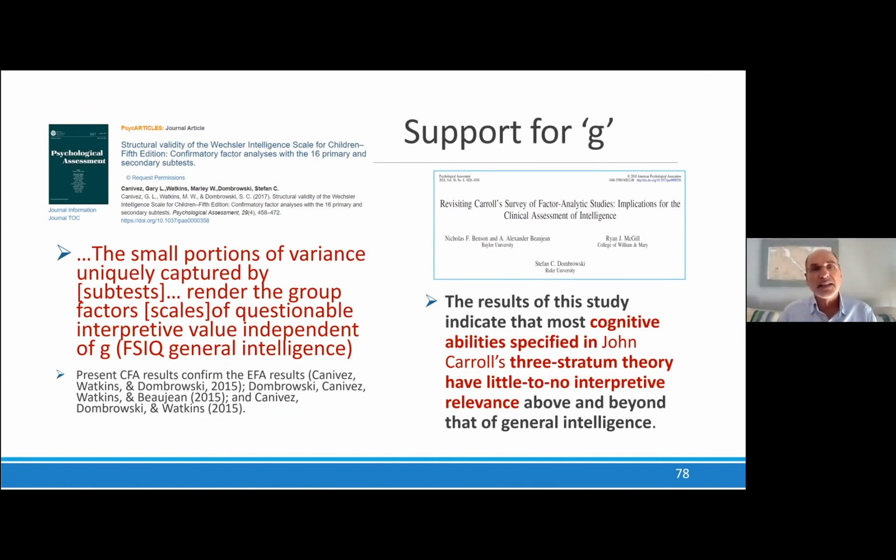There's a lot of research out there that says all of these tests, like the WISC, the WJ, Stanford-Binet, and so on, should only be interpreted at the full-scale level because the amount of variance that is accounted for by the scales is not sufficient to be interpreted.